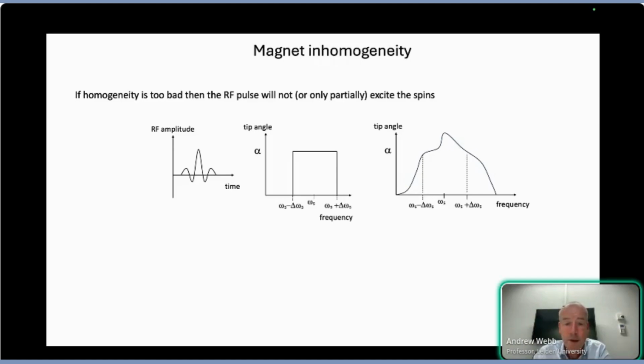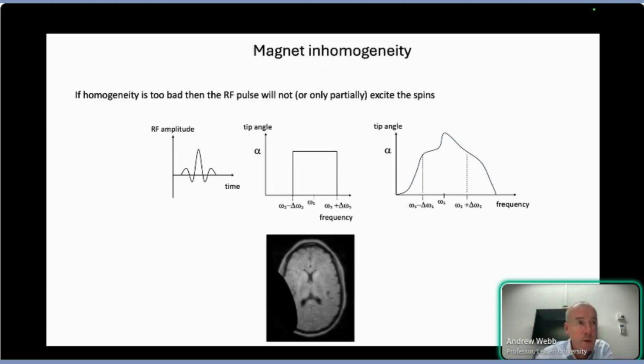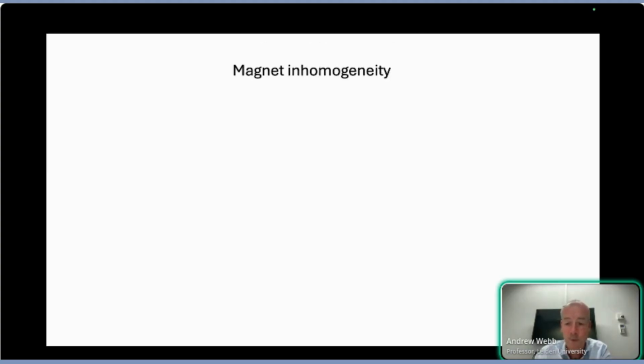And that means we're going to end up with black holes in our image, simply because the spins where that delta B0 is really bad are not going to be excited. And there is no way of getting the signal back. There's no image processing or anything else that can solve that. So our delta B0, our homogeneity, has to be good enough to excite the entire sample.